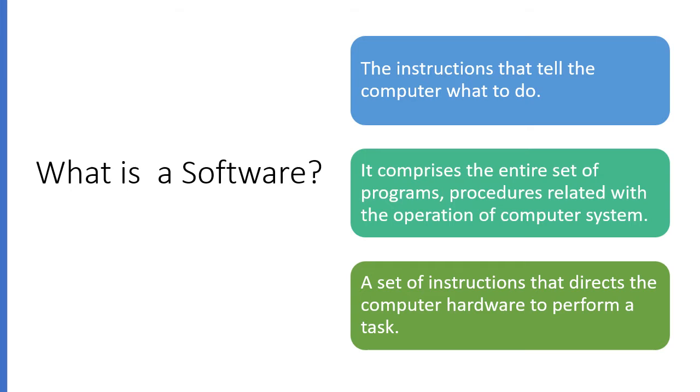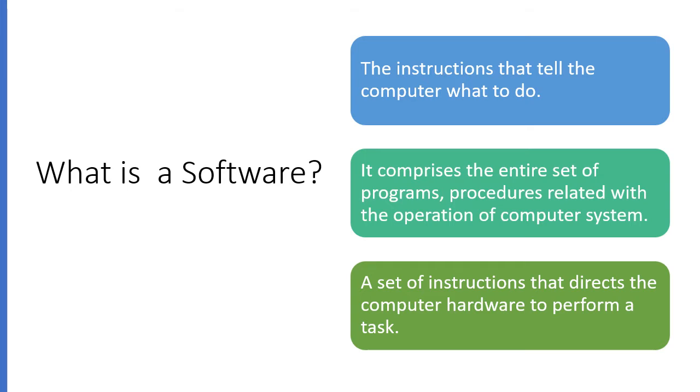What is software? The instructions that tell the computer what to do. It comprises the entire set of programs or procedures related to the operation or task of a computer system.